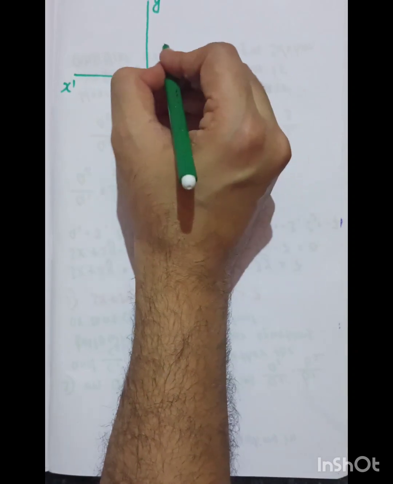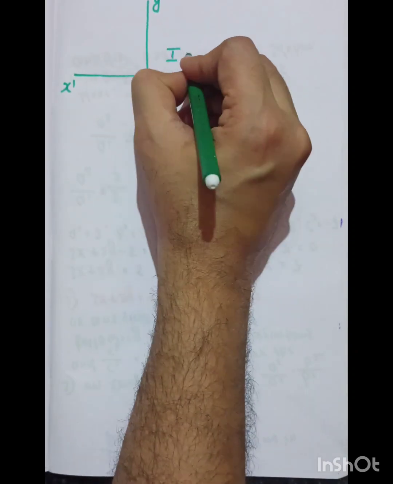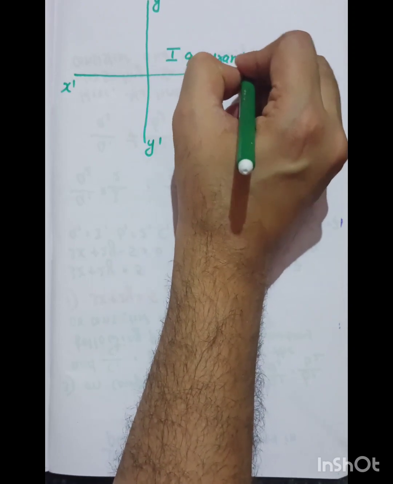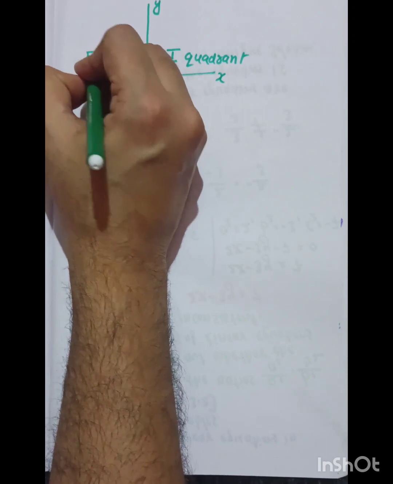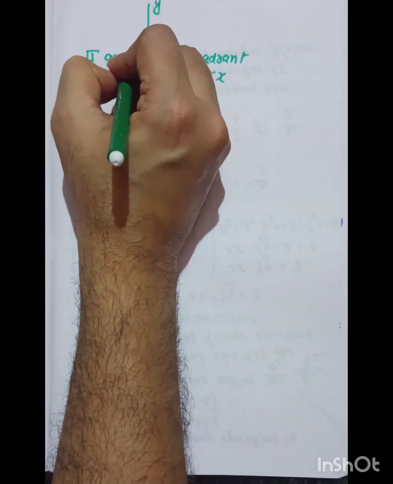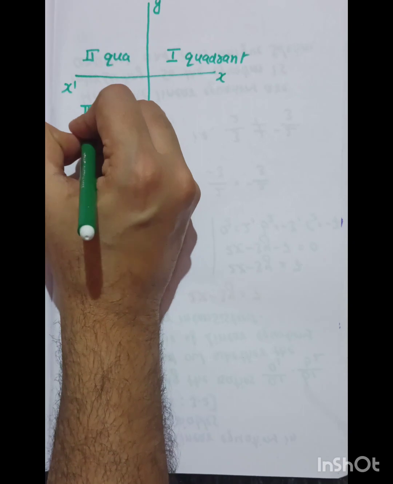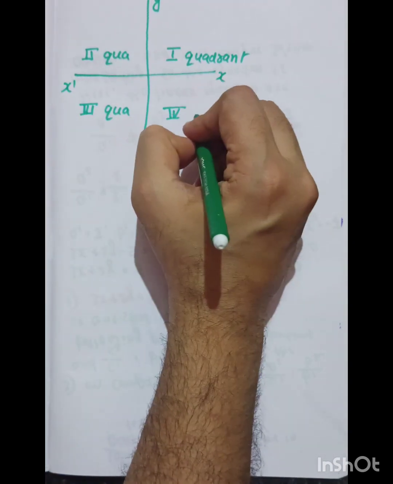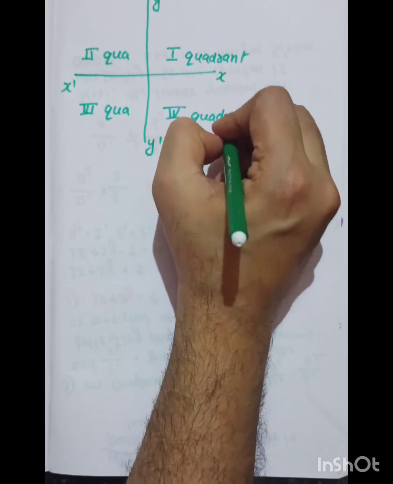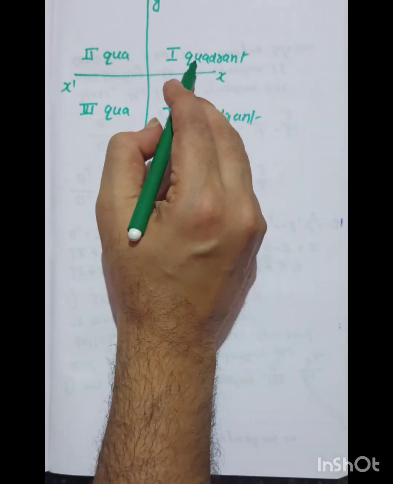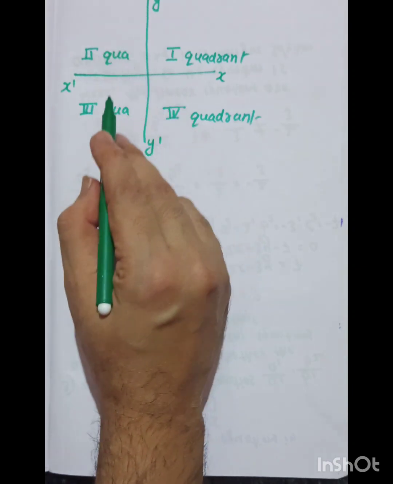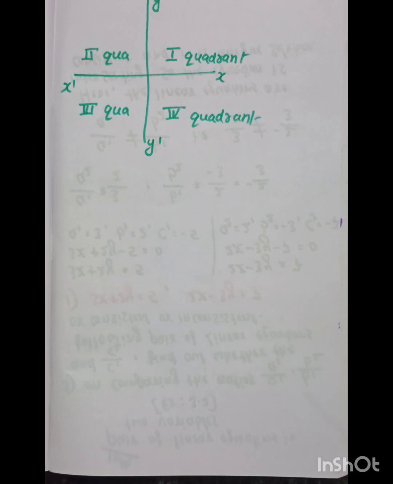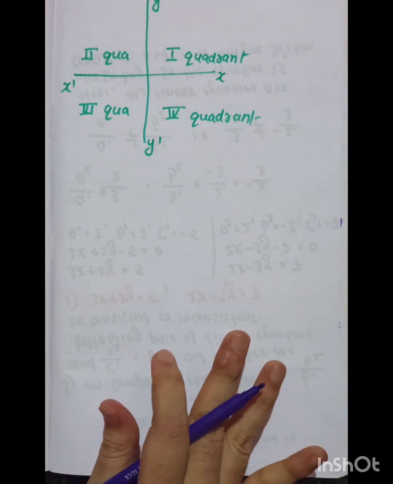Okay, this is called the first quadrant, the second quadrant, the third quadrant, and the fourth quadrant. We have to know this is the first quadrant, second quadrant, third quadrant, and the fourth quadrant. Let's continue the same with the other figure.